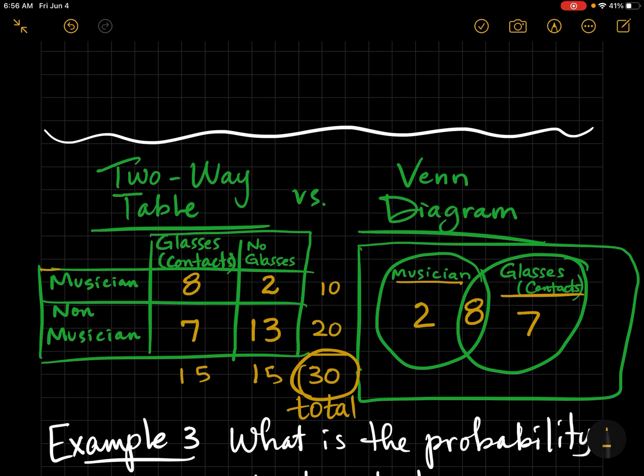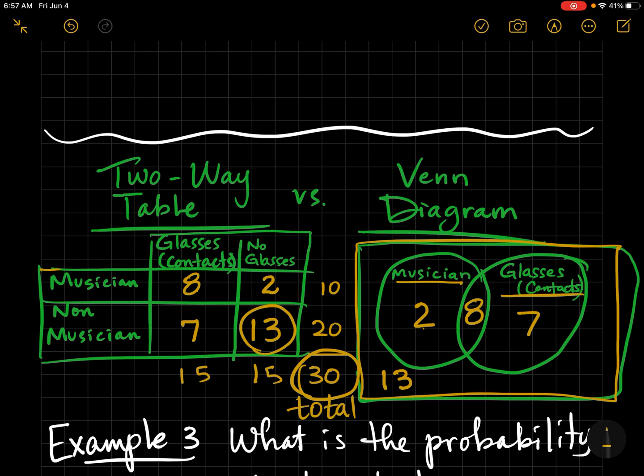Now, you want to be careful that you don't count anyone twice, okay? So total, this is 17 people, and we also know that there are 13 people that are non-musicians, no glasses, okay? So you would just put them in the group, but outside of those specific bubbles.